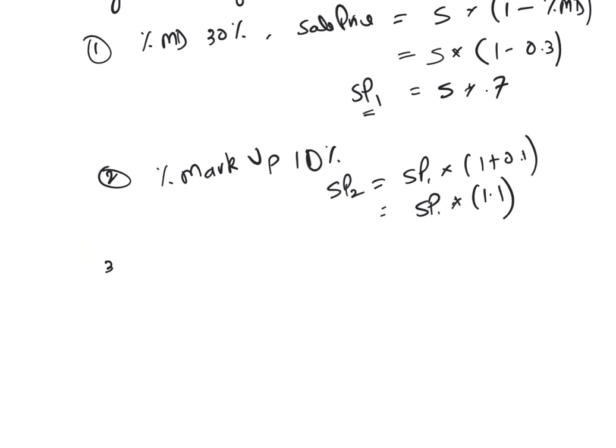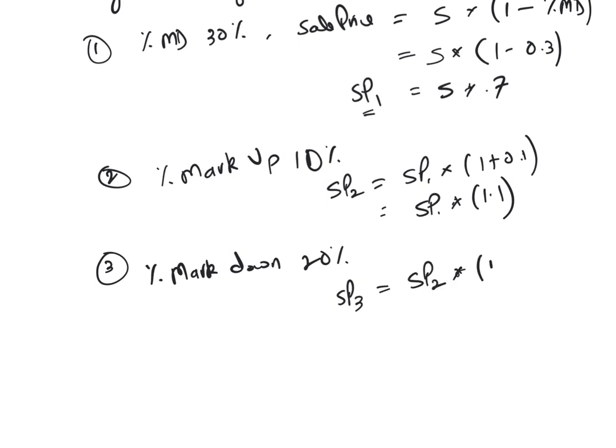Now let's say after we have marked up, we mark down again, percentage marked down by 20%. Now our selling price 3 in the third step will be my SP2 times 1 minus 0.2, or SP2 times 0.8.